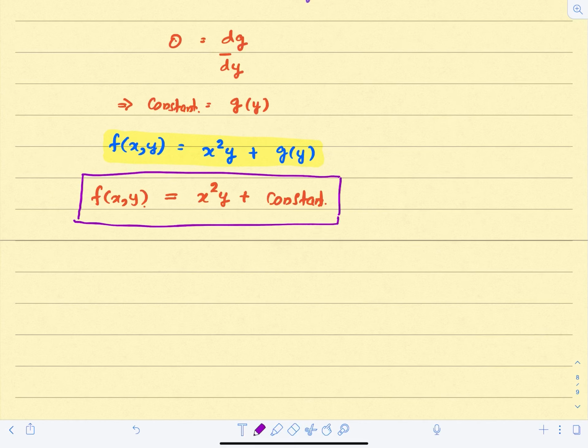We cannot find the value of this constant, but there is some constant value c. This means if you calculate the gradient of little f, this function, you will get the vector field F. So in the next example, we do the same thing for a conservative vector field in R3.